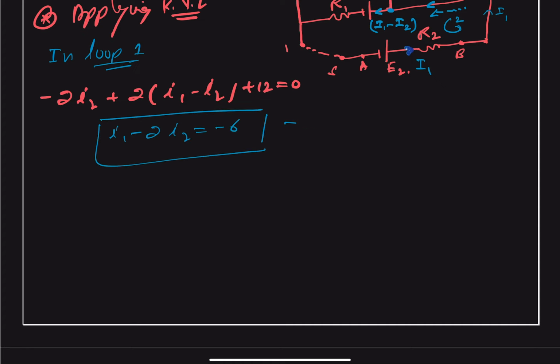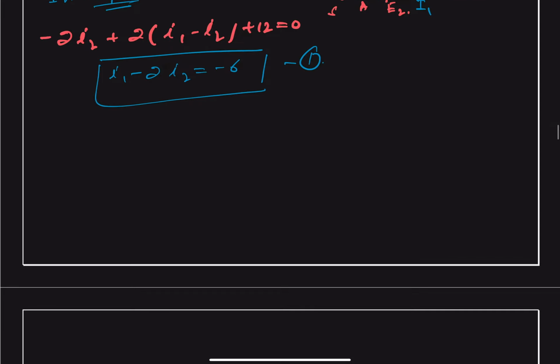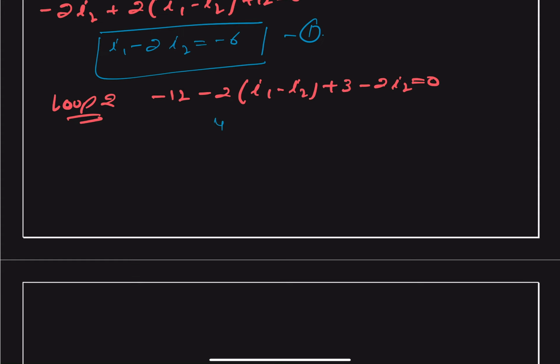Let this be equation number 1. Now we come to loop 2, and in loop 2 we can write the equation as minus 12 minus 2(I1 minus I2) plus 3 minus 2I2 is equal to 0. Its simplification gives us 4I1 minus 2I2 is equal to minus 9. This is equation number 2.